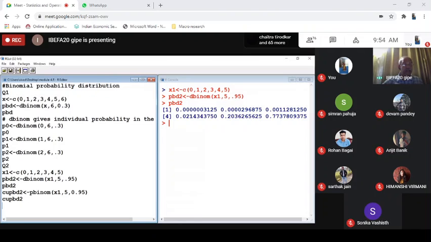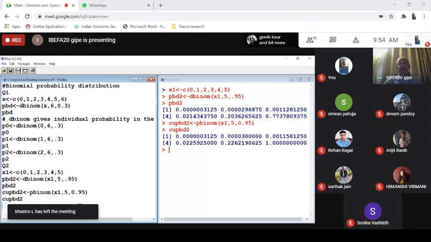Let us see what is the answer. This is addition. First is for x1 equal to 0. Second probability will be for 0 and 1. Third probability will be for 0, 1 and 2. Fourth probability will be for 0, 1, 2, 3. Fifth probability will be for 0, 1, 2, 3, 4. And the last is the total probability.